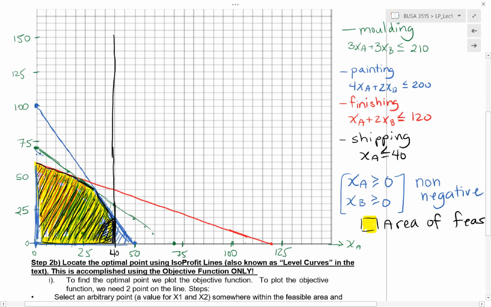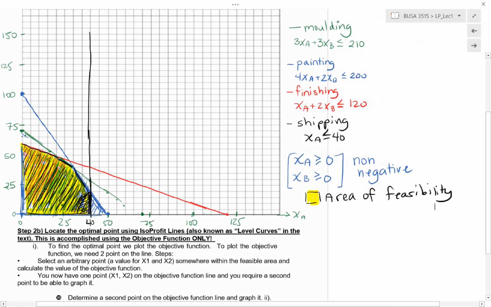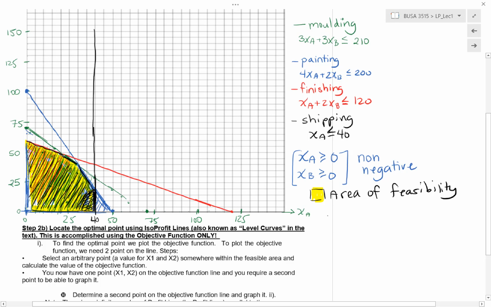Okay, so to do it, we need to make what are called isoprofit lines. So our profit function is the following: 20xa plus 30xb.